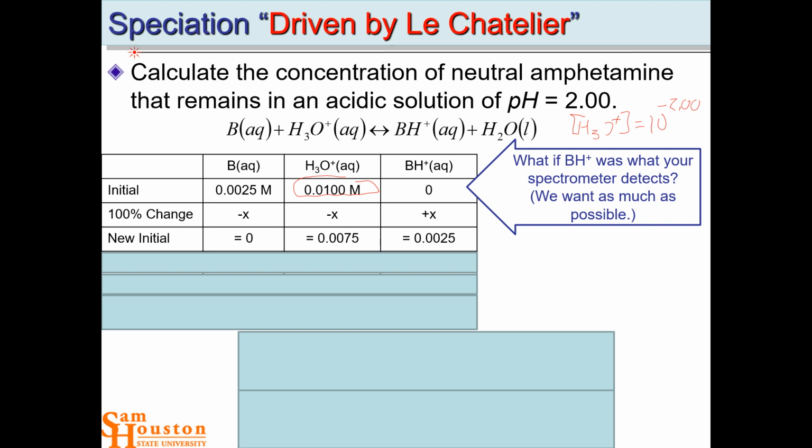Now, it's really nice if it's a nice even number like 2, because it's 10 to the minus 2, 0.01. A pH of 1 is 10 to the minus 1, or 0.1. A pH of 3, 0.001. A pH of 7, 0.0000001. Okay.